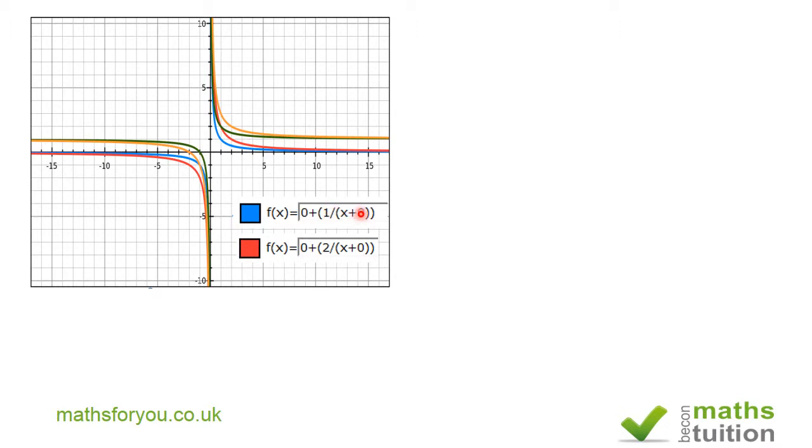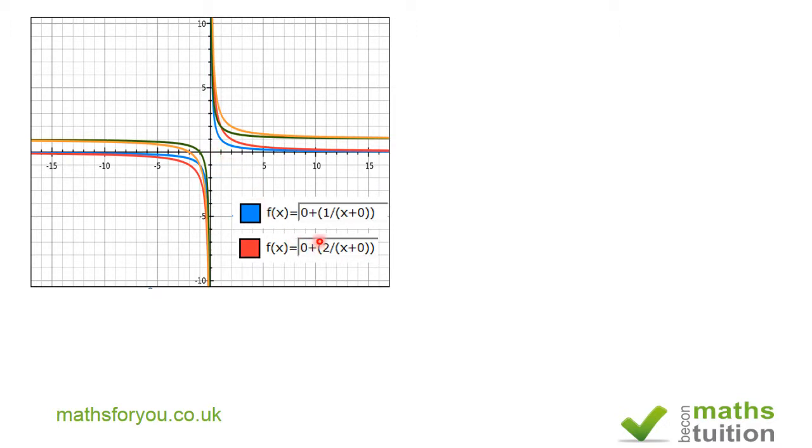So the vertical asymptote is x is equal to 0, which is the y-axis, and the horizontal asymptote is y is equal to 0, in other words, the x-axis.